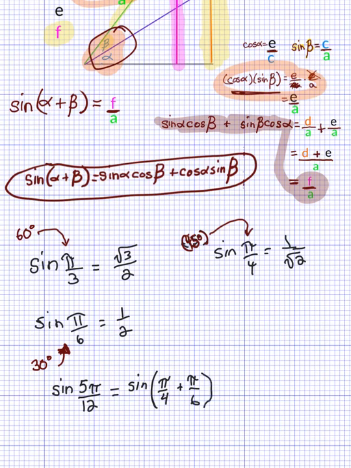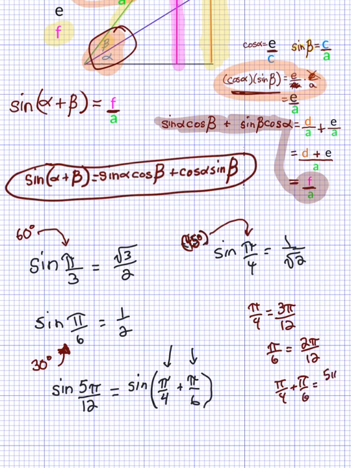You can verify that: pi by 4 is the same as 3 pi by 12, and pi by 6 is the same as 2 pi by 12. That is equal to 5 pi by 12. I could have written 3 pi by 12 and 2 pi by 12 here, but I think this is nicer because we recognize it.